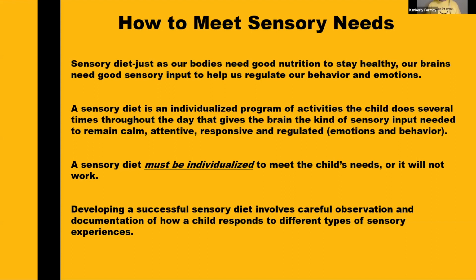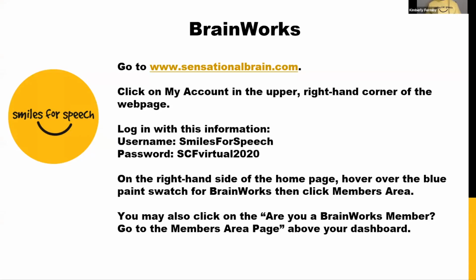It's important to remember that a sensory diet must be individualized to meet a child's needs or it won't work. Developing a successful sensory diet involves careful observation and documentation of how a child responds to different types of sensory input and to different types of sensory experiences. And I'm going to go through that in a little bit more detail a little bit later.